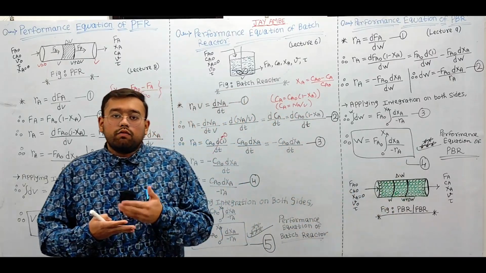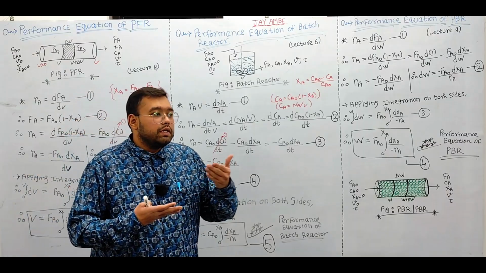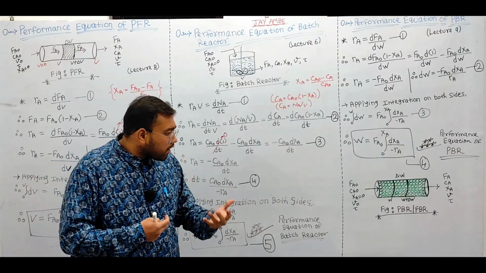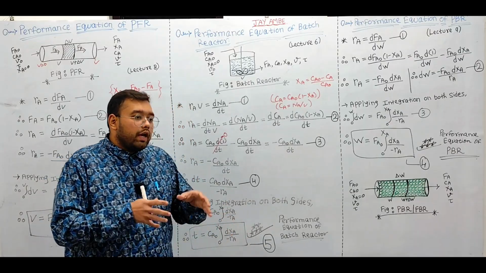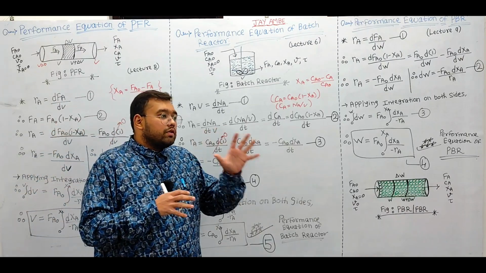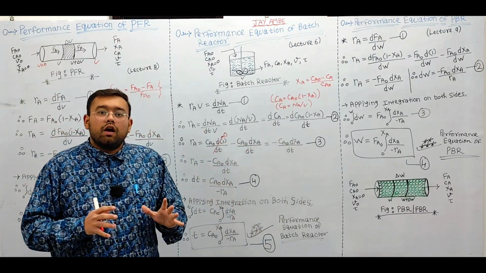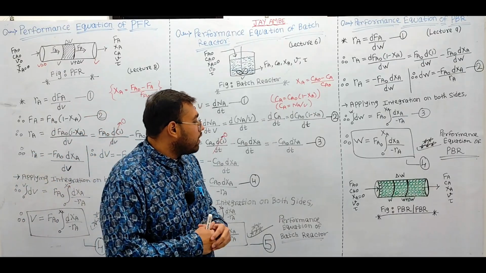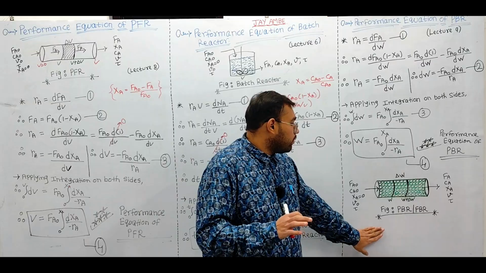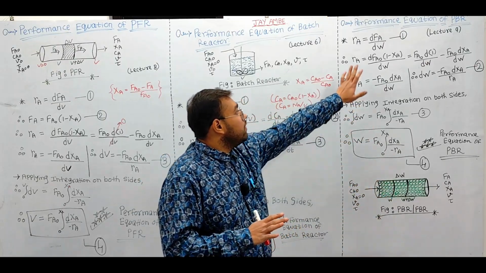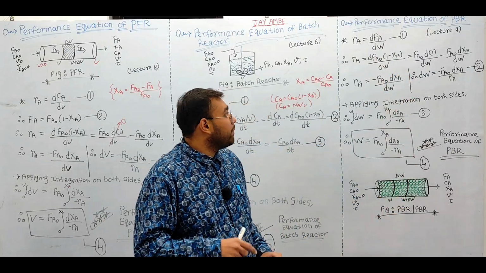How much weight of the catalyst is required in order to achieve the desired conversion of the reactants, right? How the rate of the reaction will vary with respect to the weight of the catalyst, how the conversion will vary, how the pressure will vary with respect to the weight of the catalyst, right? So similarly, we will derive the performance equation of the packed bed reactor, right?